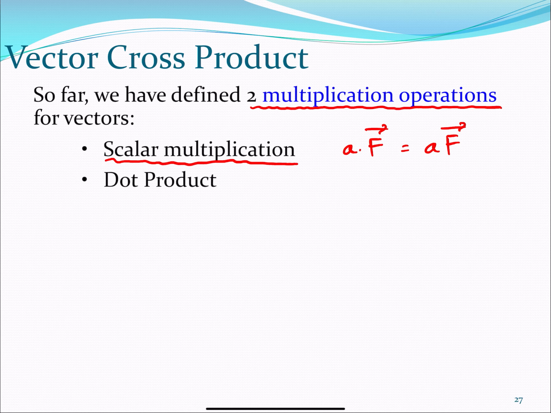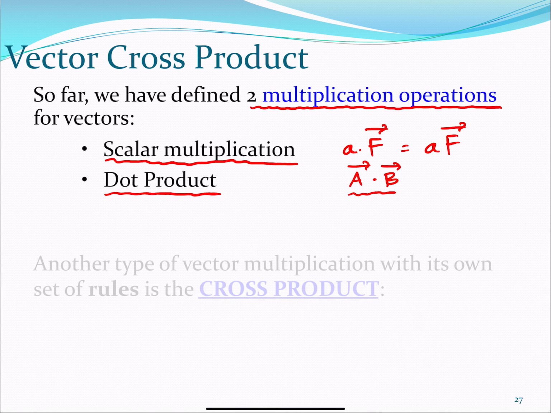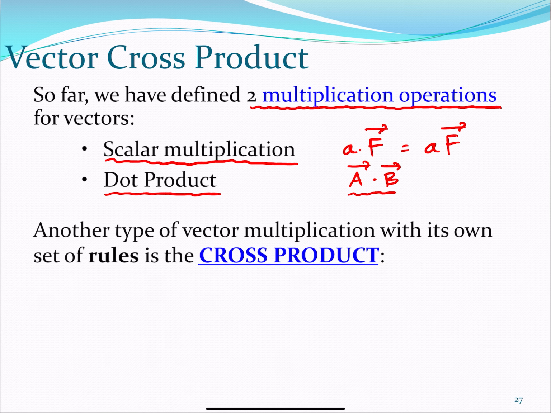We have also applied the dot product, in which we have seen that if we do a dot b, it allows us to get a multiplication of two vectors, and the projection of one vector onto the other. This is the second vector operation that has to do with multiplication. And now we present a third type of multiplication.